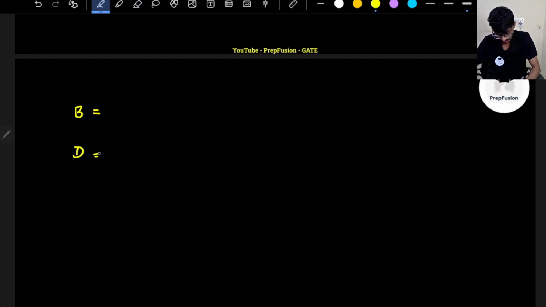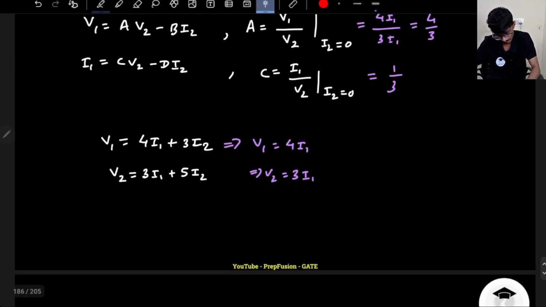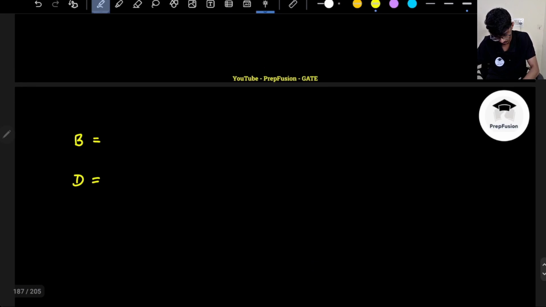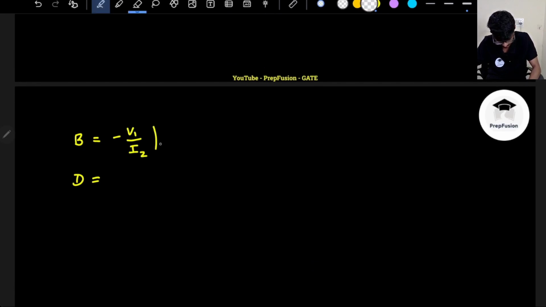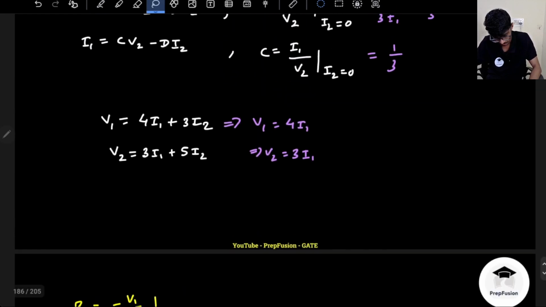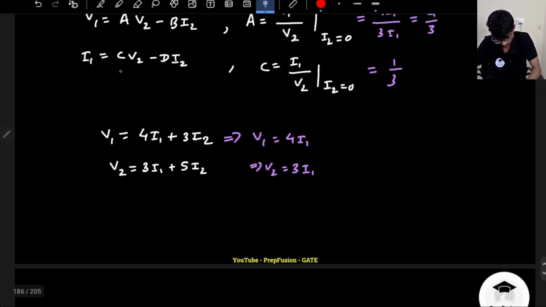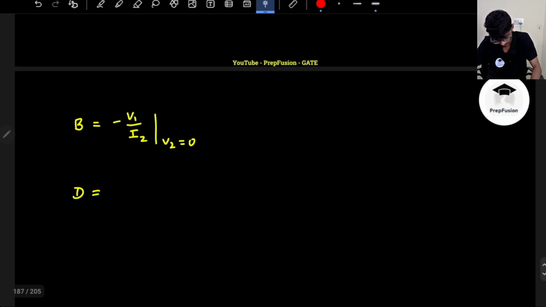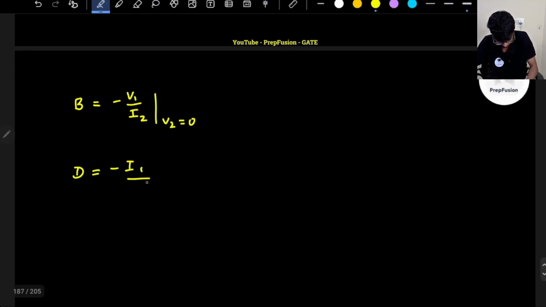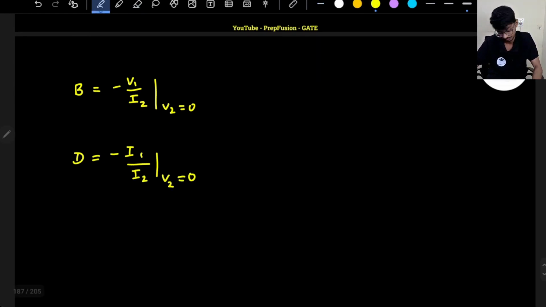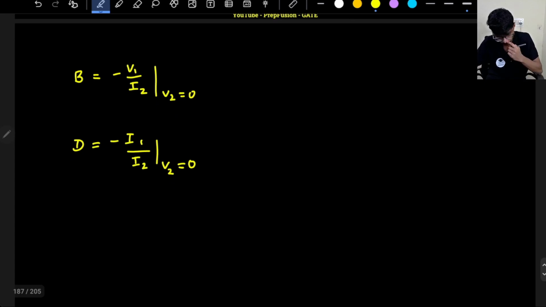So B, again, if I see from the equation, B is basically minus V1 by I2 at V2 equal to 0, and my D is minus I1 by I2 at V2 equal to 0.